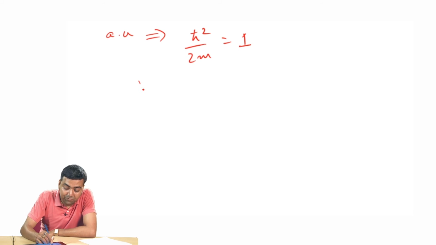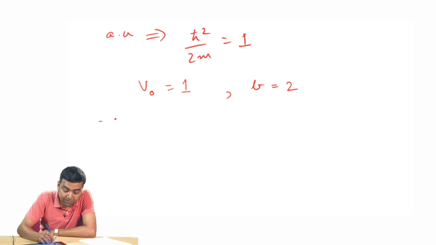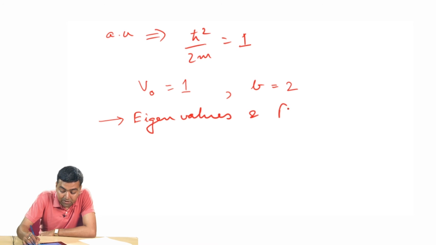I will just use some numerical values of the potential. I will use my V 0 to be 1, and my b to be equal to 2. And we need to find eigenvalues and the eigenfunctions.